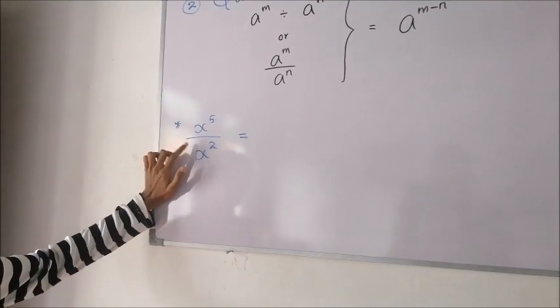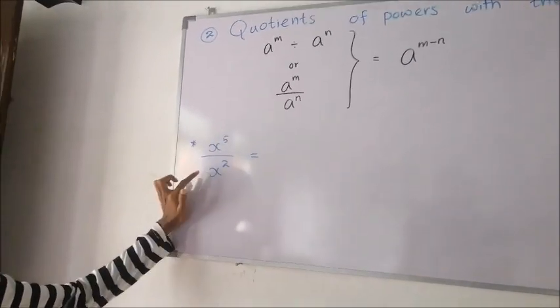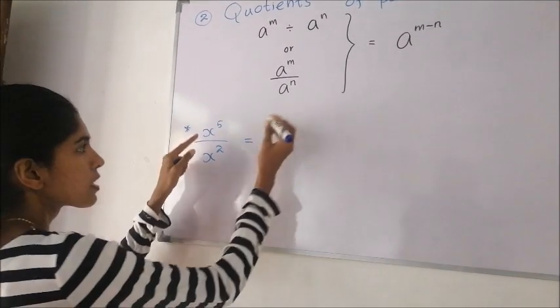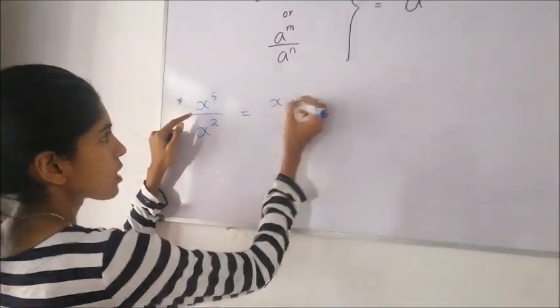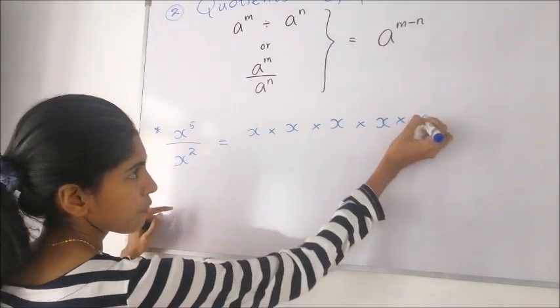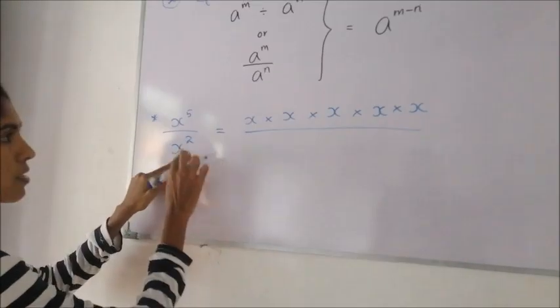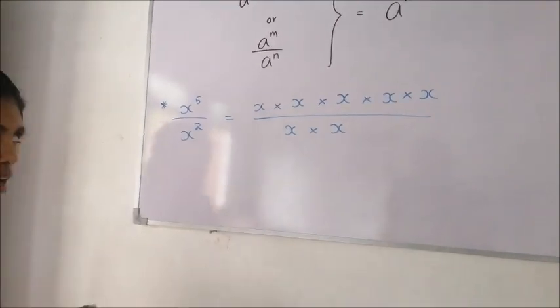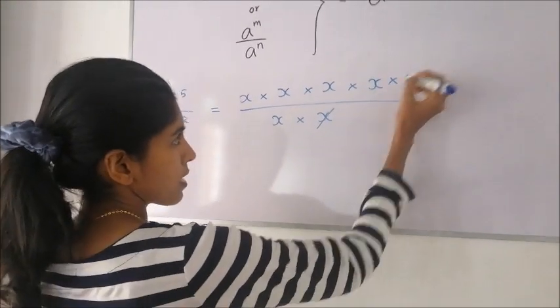For an example, I have taken x to the power 5 divided by x to the power 2. Right? Okay, I am writing in expanded form. X to the power 5 can be written like this by expanding, and this power too. I am writing x into x. Now, we can cancel out x terms.